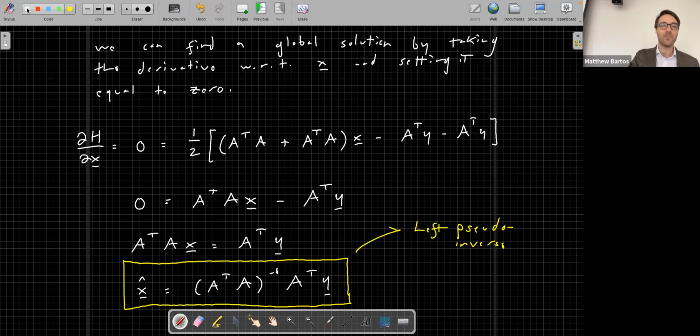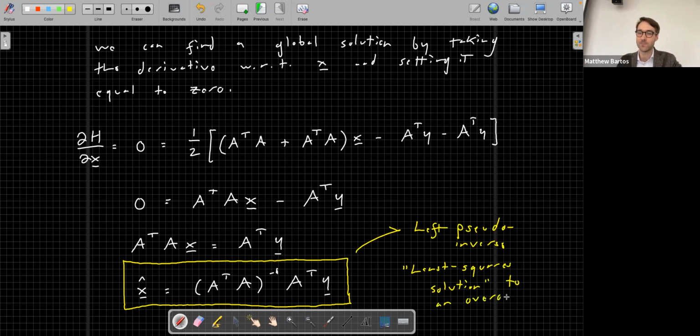Okay, so another term you might hear: this is also called the least squares solution. If you hear the term least squares, it usually refers to solutions of this form, the least squares solution to an overdetermined system. Right, are there any questions on this derivation or these concepts?